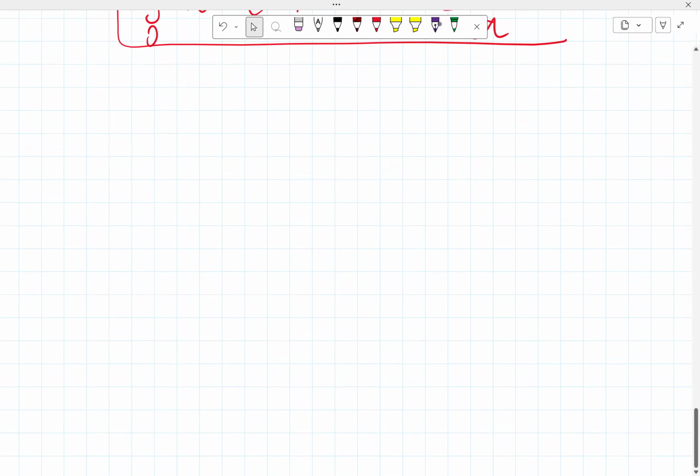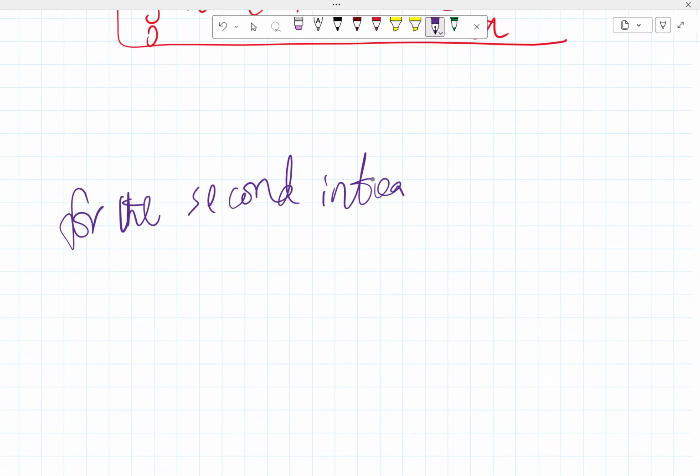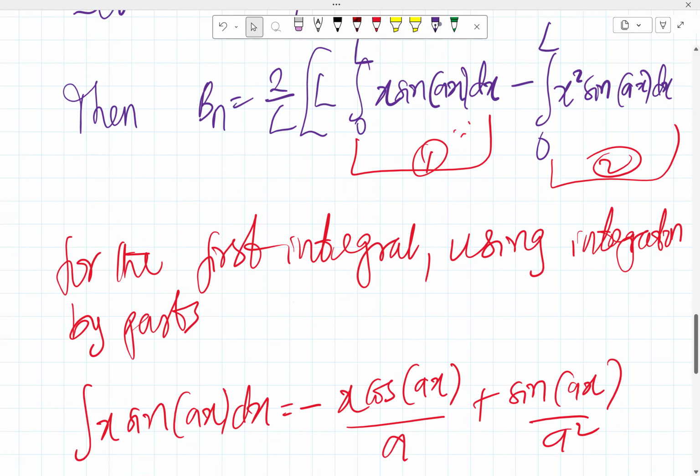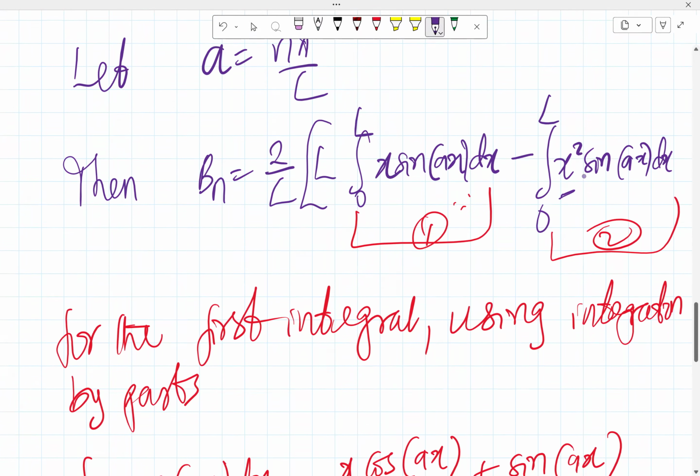So for the second integral, because of the x squared, we also do integration by parts, but because of the x squared, we have to do that twice.